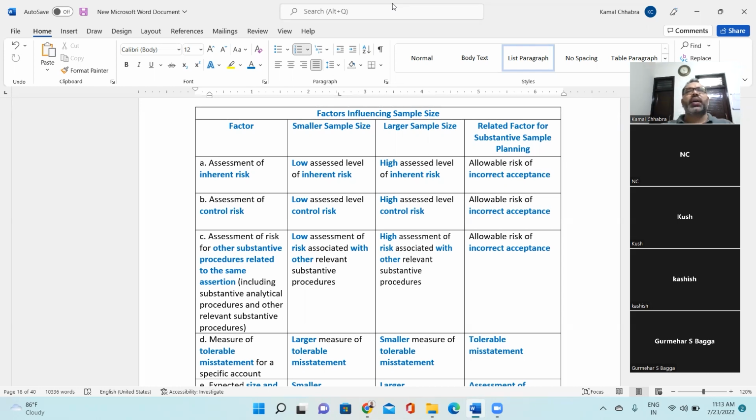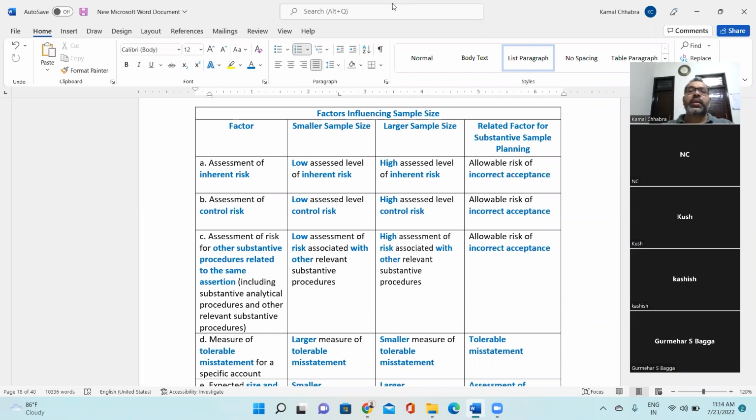Like how much, as a CPA, as an auditor, you are comfortable to accept the risk. Based on that, you will be assessing the risk high or low. Right? Make sense? First row clear to everyone? How this table looks like and the objective of this table. Yes, sir. Second is control risk.